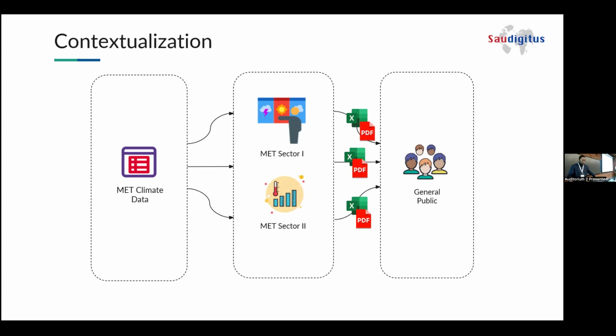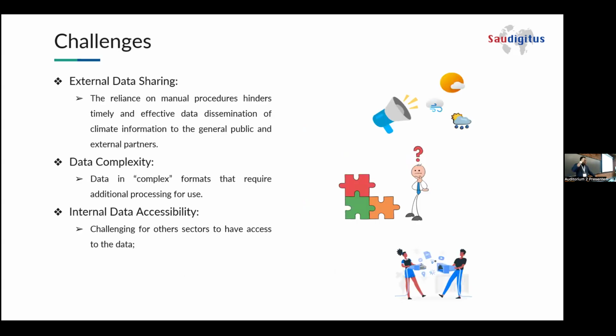So looking into this with the MET in Mozambique, we identified these challenges, or things that can be improved within the MET. Of course, the first one is related to external data sharing, how they send data to their partners.